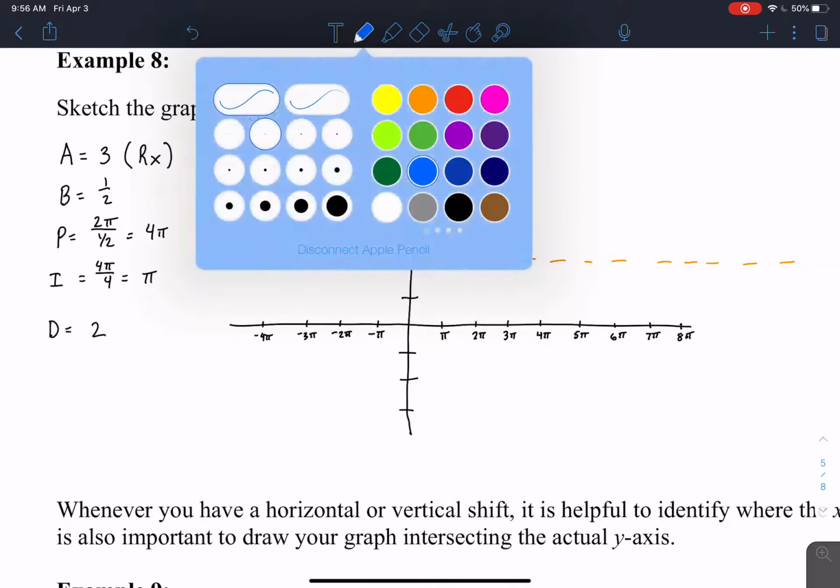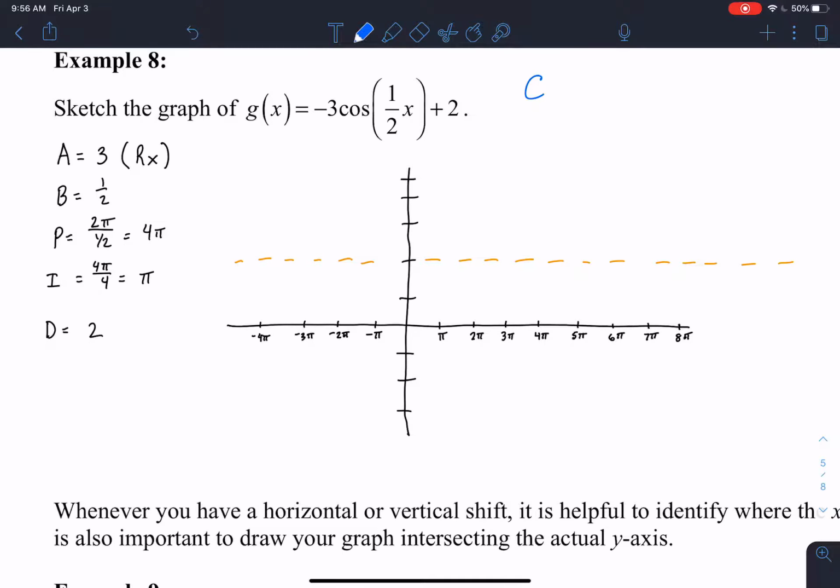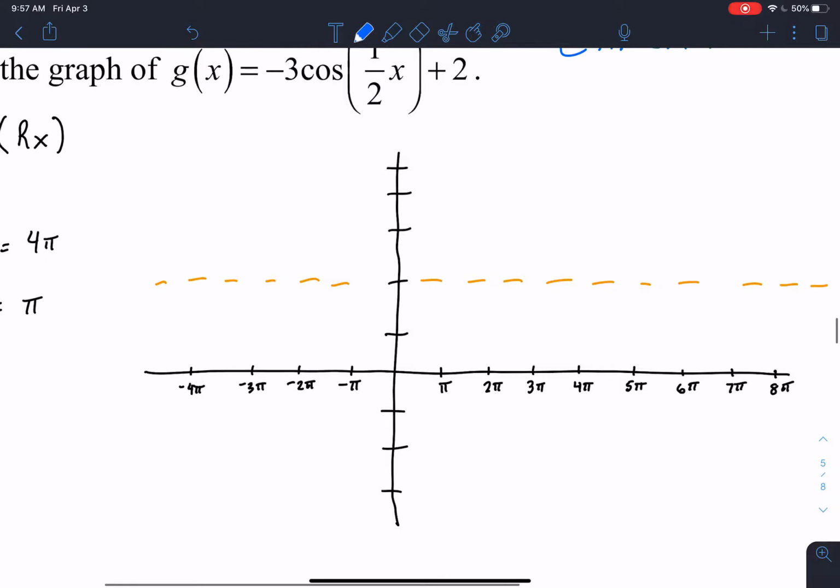Now when I do my points, because it's cosine, this is what I'm starting with, and then because of the reflection, your high and your low points are going to switch. So you're going to start at your low point, then your axis, high point, axis, low point. Because my new axis is at y equals 2 and my amplitude is 3, my low point is going to be 3 units lower than positive 2.